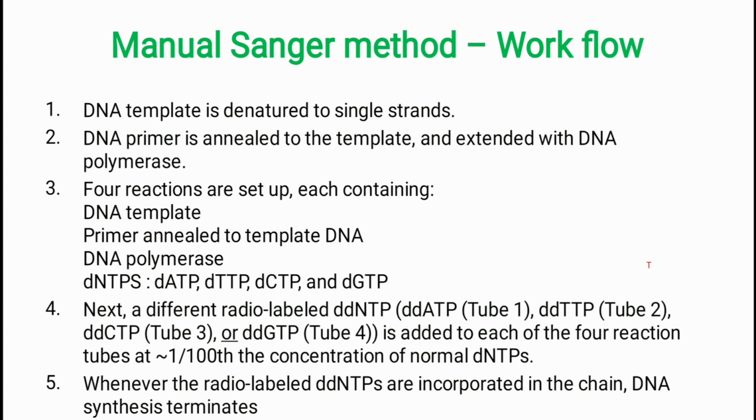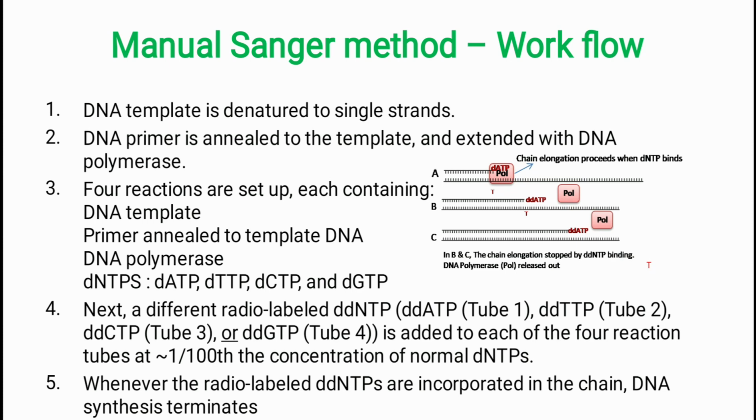Whenever the radiolabeled ddNTPs are recruited by the polymerase, the DNA synthesis is immediately terminated, so we will get different lengths of DNA fragments. So this is the template strand, and polymerase binds and starts the chain elongation. Whenever a ddNTP is recruited, the chain elongation is terminated, so we will get different fragment-length sizes of DNA molecules.